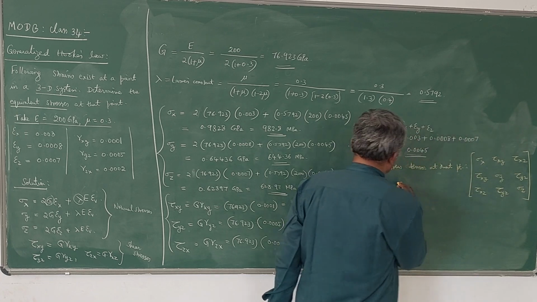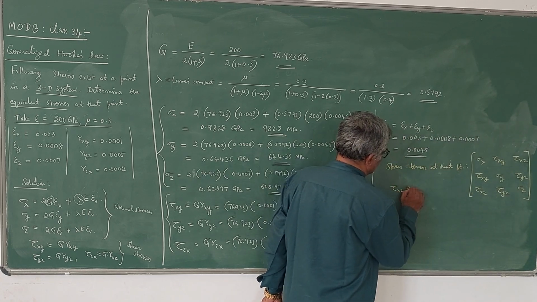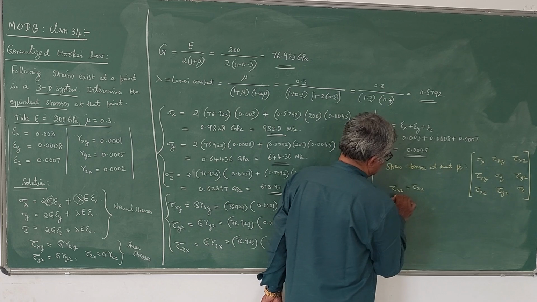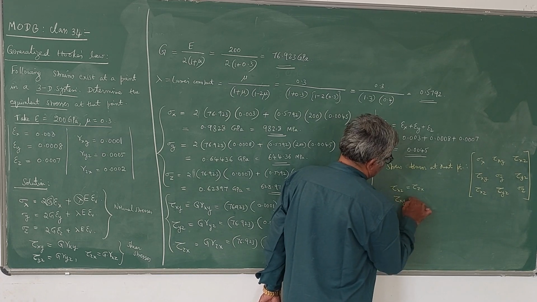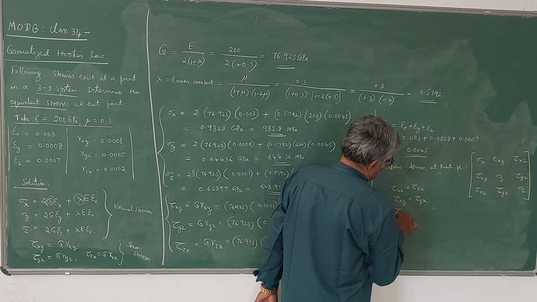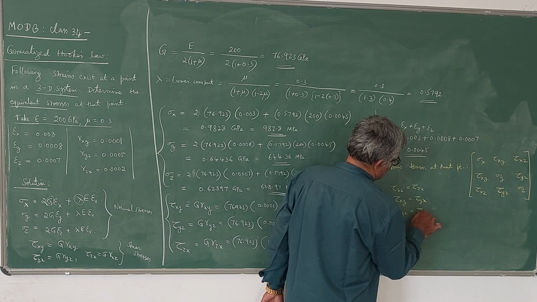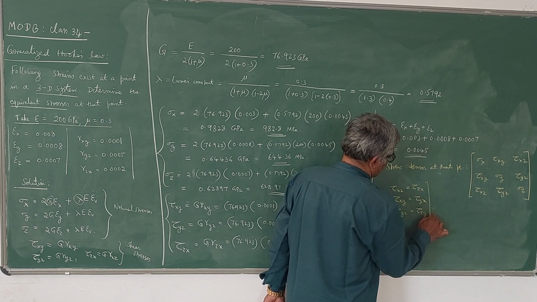So please note that tau xz is the same as tau zx, tau xy is the same as tau yx, and tau yz is the same as tau zy. This you should know.